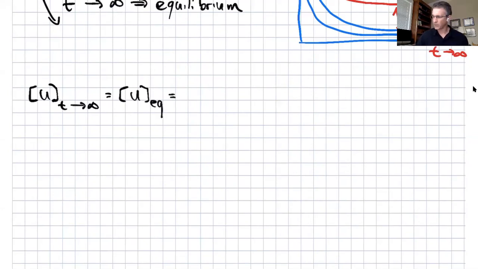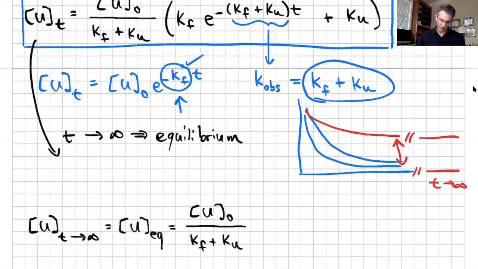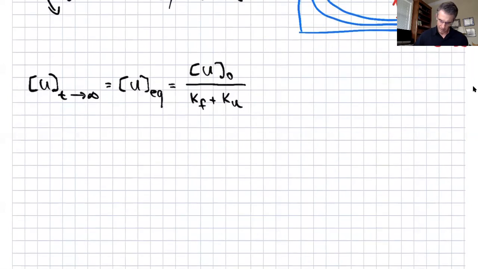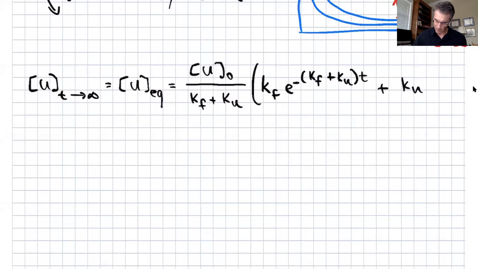So that's going to be equal to the rate law again, concentration of U at time 0 divided by Kf plus Ku, times Kf e to the minus (Kf plus Ku) t plus Ku. All I'm doing is writing this back out again.